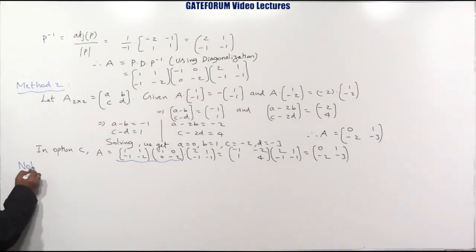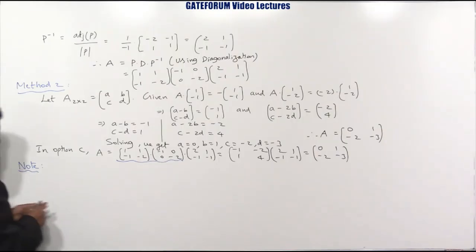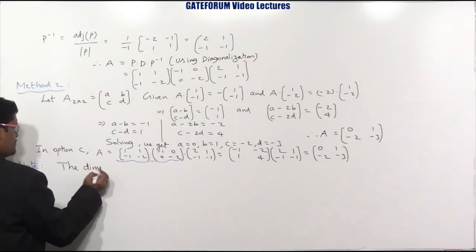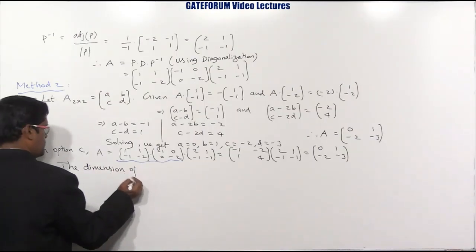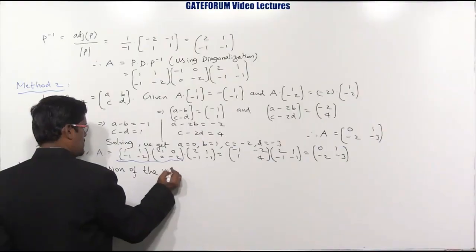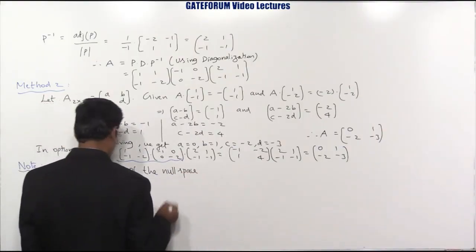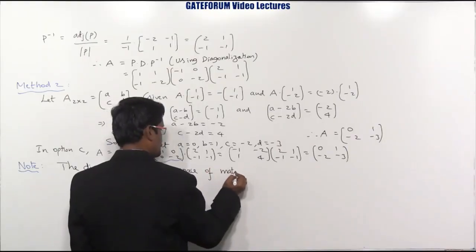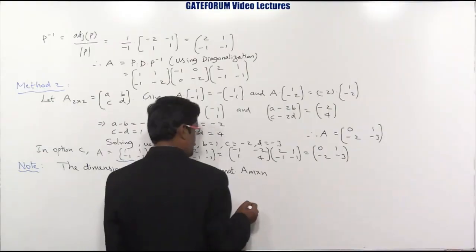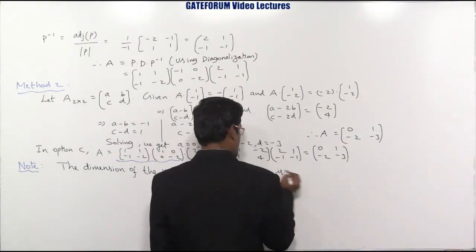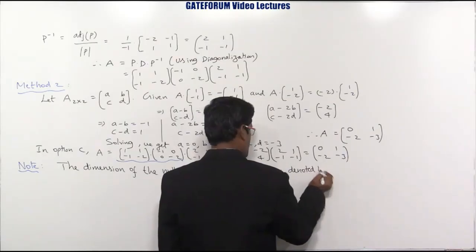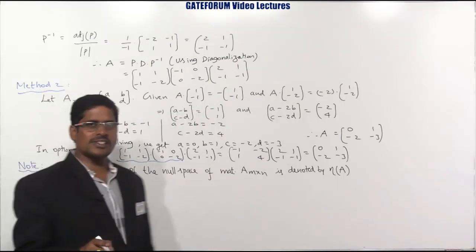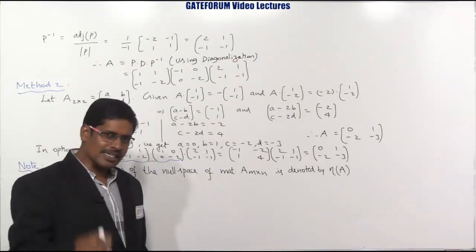Note. The dimension of the null space of matrix A, m cross n, is denoted by eta of A. Dimension of the range space is denoted by rank of the matrix A. Rank of the matrix A, symbol is rho.